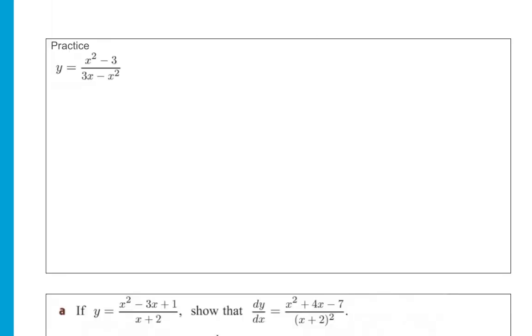I'd encourage you to have a go at this first. Stop the video and then come back and see if you're right. Okay, so u, v, writing out the rule, vu dash minus uv dash all over v squared.